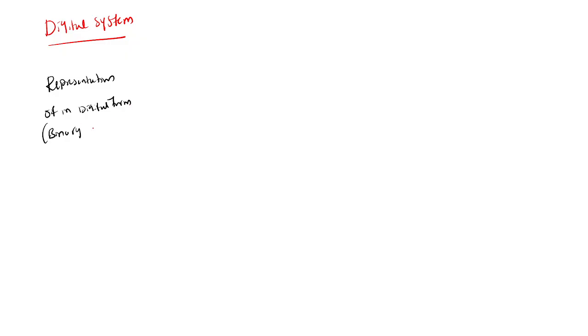Binary codes like the 8421 code and the Gray code, we already seen.